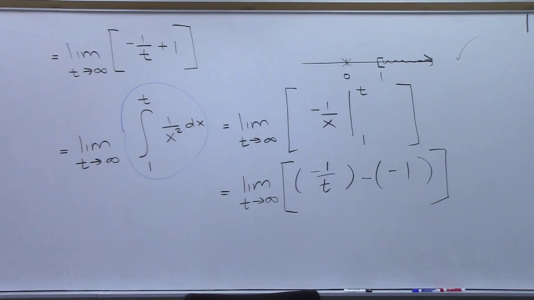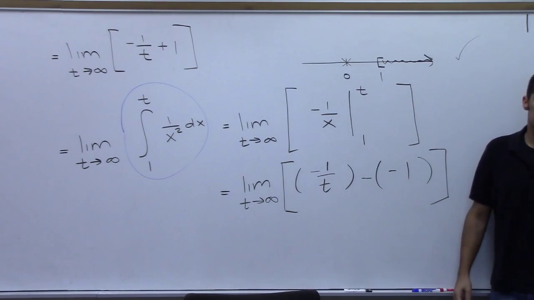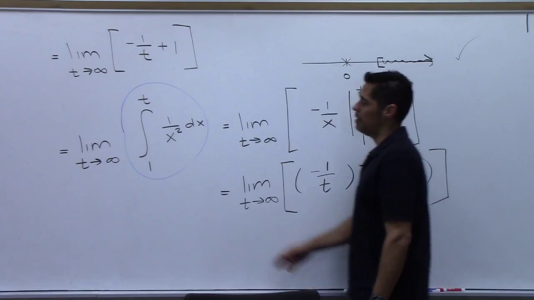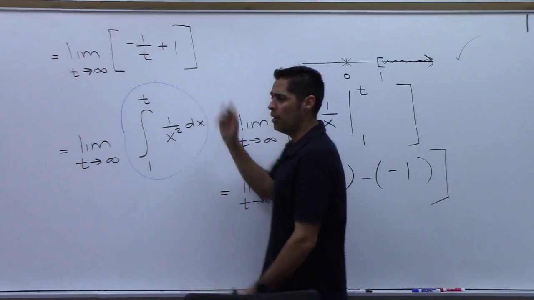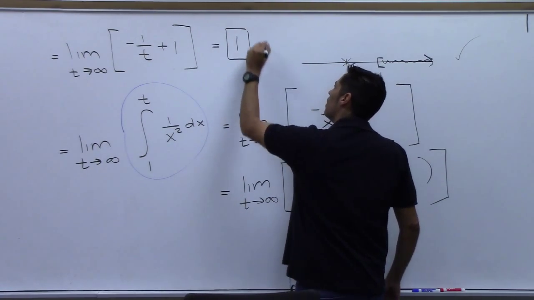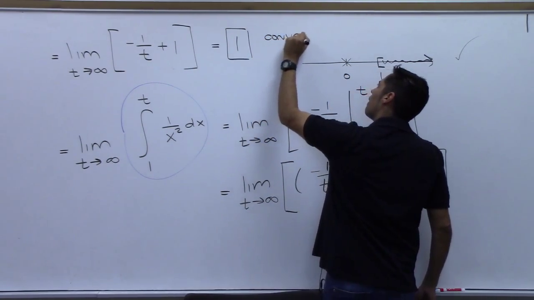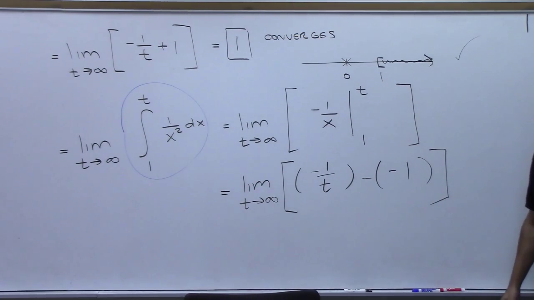Now that you've done all the integration, you've plugged in, you've kind of cleaned it up, now let t go to infinity. So what happens if t goes to infinity here? That goes to 0 plus 1. This integral converges to 1.